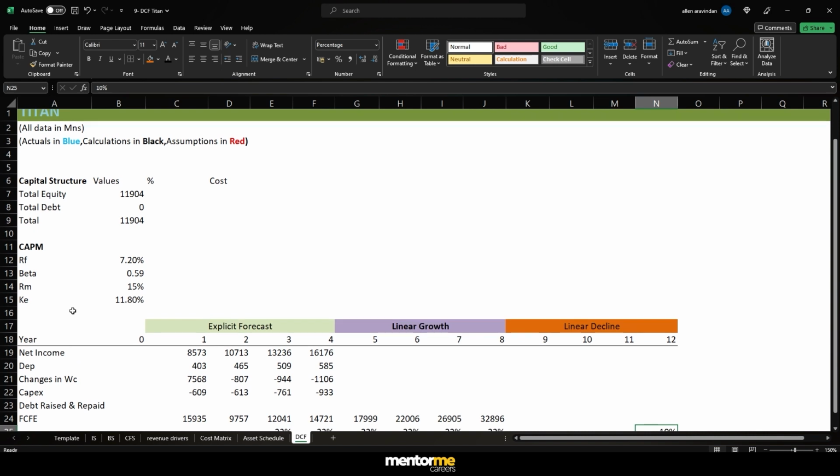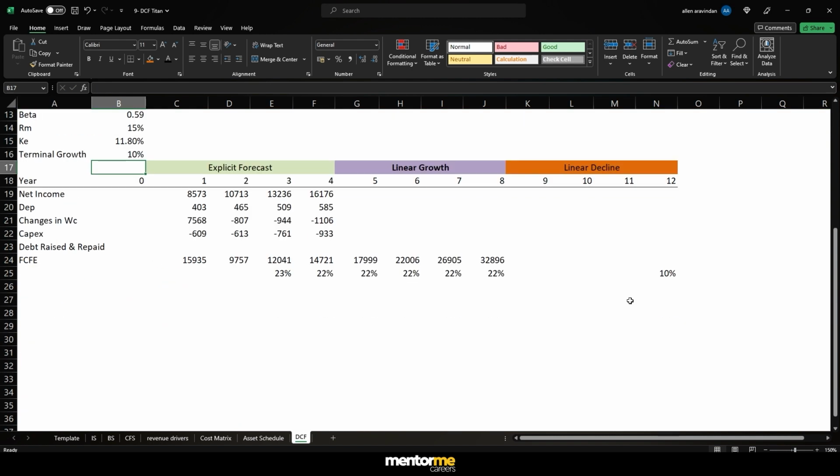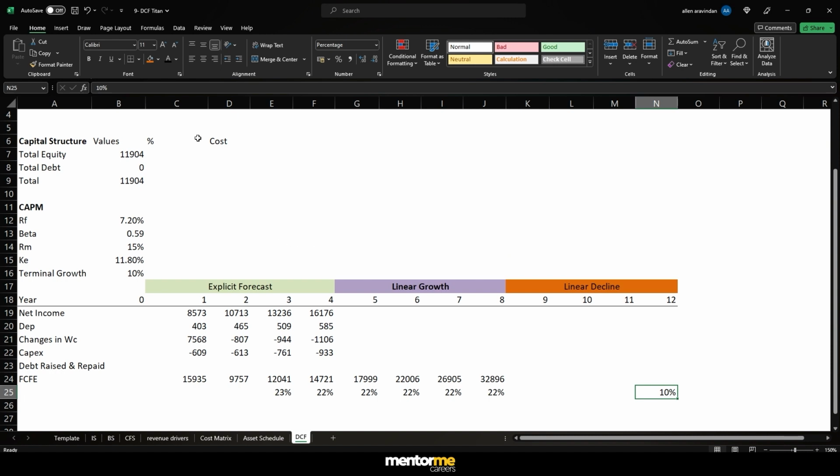So I'm assuming the terminal growth rate should be somewhere around 10%, because if I say 5% or 2%, then I'm talking about a market which has already matured. But even in the presentation on the penetration of retail and online, and organized versus unorganized, we are clearly far away from even the global averages. That's why I've taken a long-term linear growth rate of 10%.